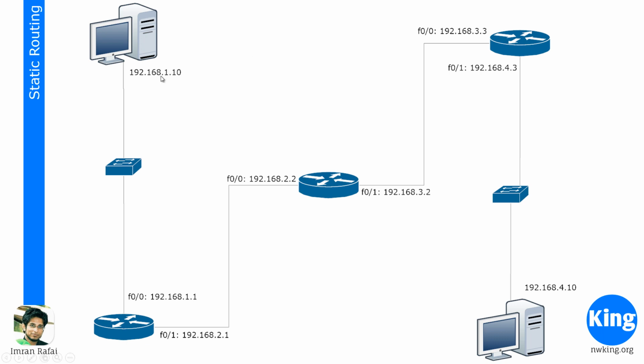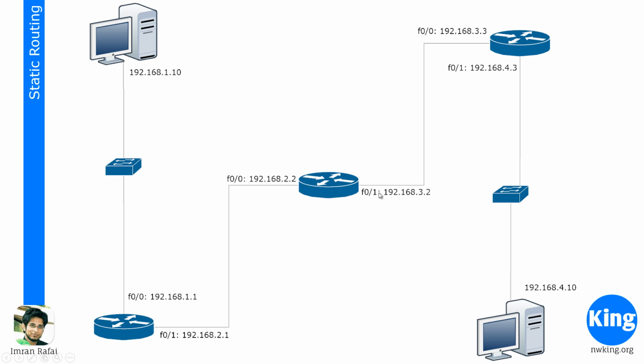We have a computer with an IP address 192.168.1.10. This is connected through a switch to a gateway or router, to its F0/0 interface, which has an IP address 192.168.1.1. The other interface, F0/1 of that router, is given an IP address 192.168.2.1, and that is connected to another router with an IP address 192.168.2.2.